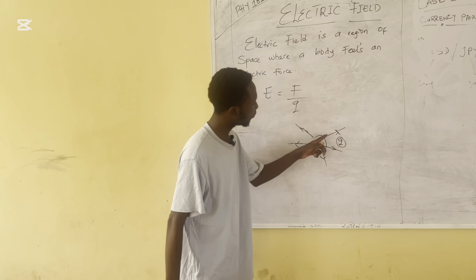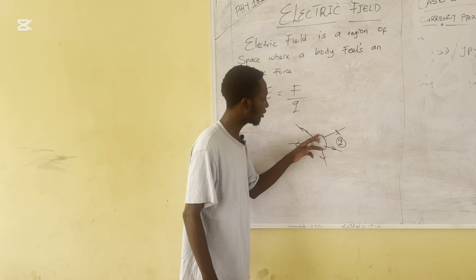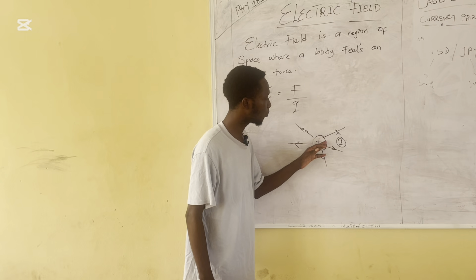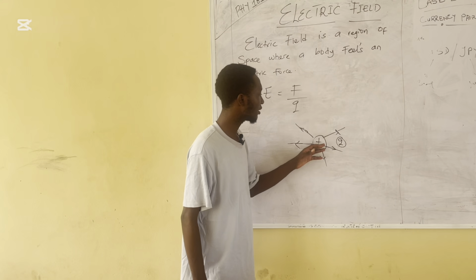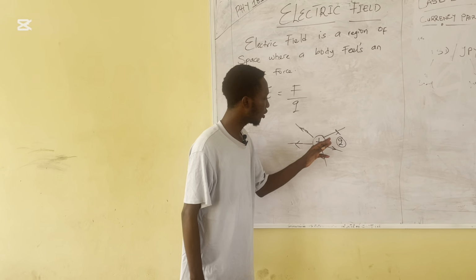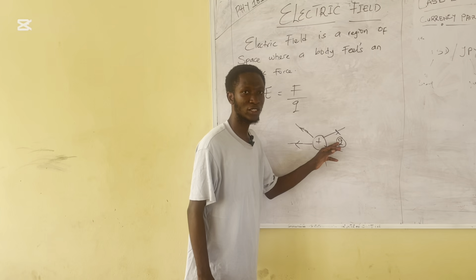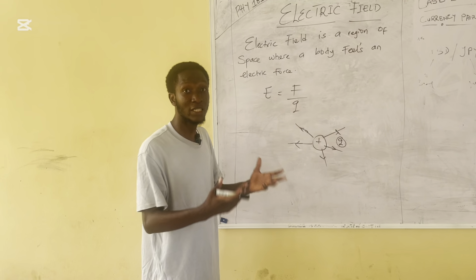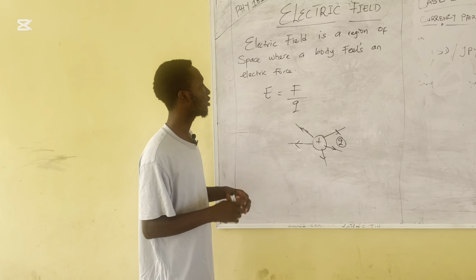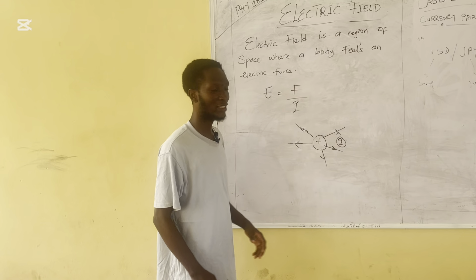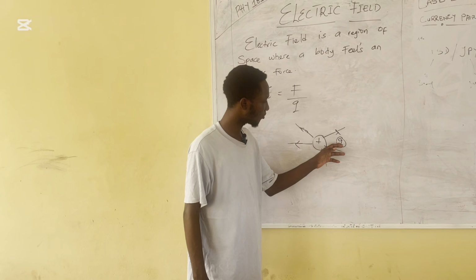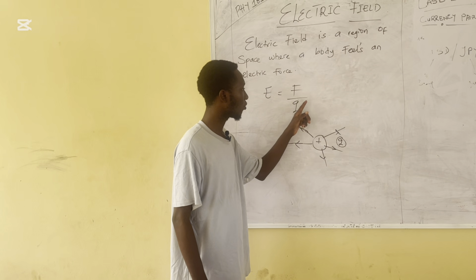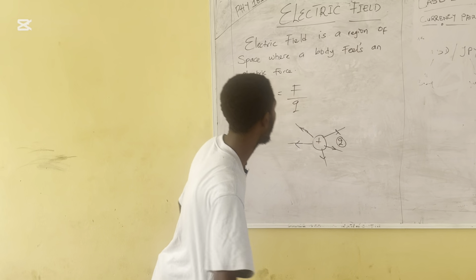The extent of force that this line of force around this charge uses to push this body is what will determine the intensity or the extent of the electric field. So if you want to calculate the electric field, the formula is E equals force over Q.